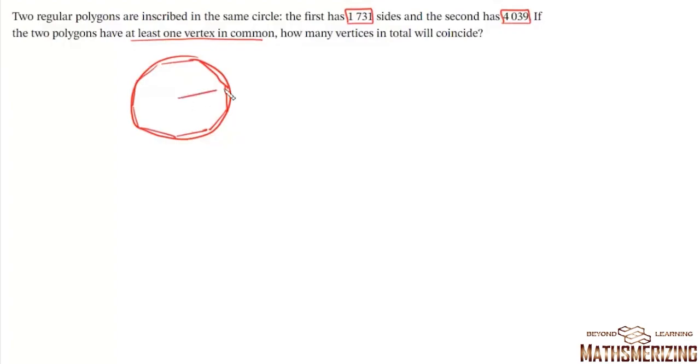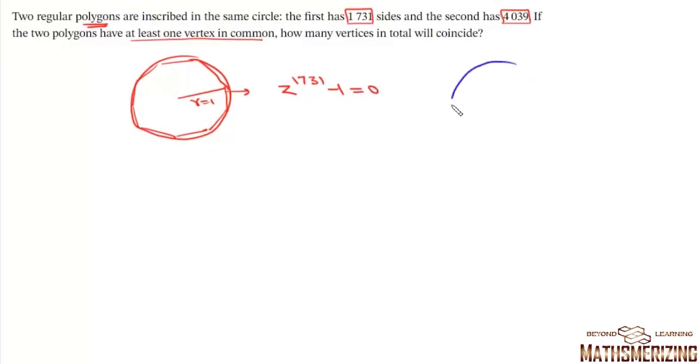Now if we assume the radius of this circle as 1, then all the vertices of this polygon will coincide with nth roots of 1731. So vertices of this first polygon are given by roots of z to the power 1731 minus 1 equals 0.